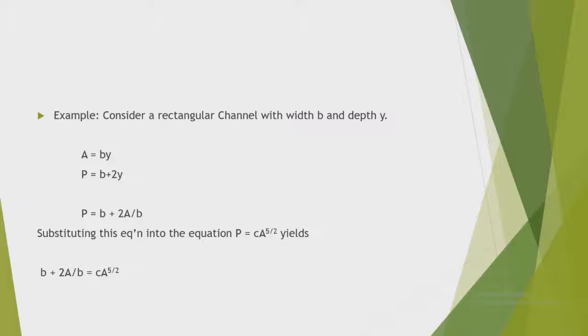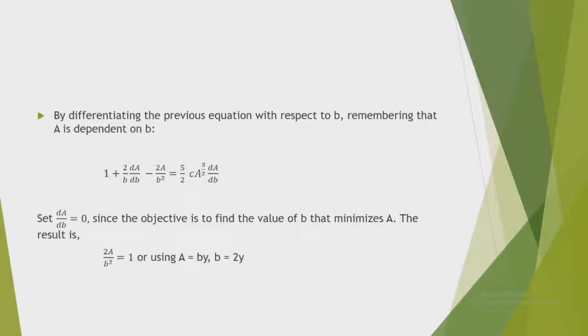Substituting this equation into the equation P equals C multiplied by A raised to the power 5/2 yields this equation. And by setting the derivative of A with respect to b to 0, since the objective is to find the value of b that minimizes area, the result is this. Thus, if the width of the rectangular channel is twice the depth of the flowing water, the water will flow most efficiently.